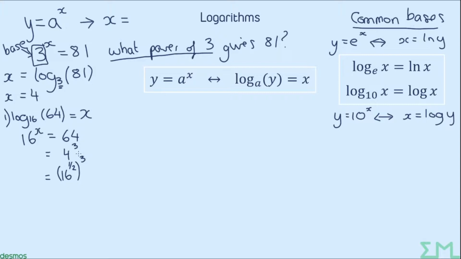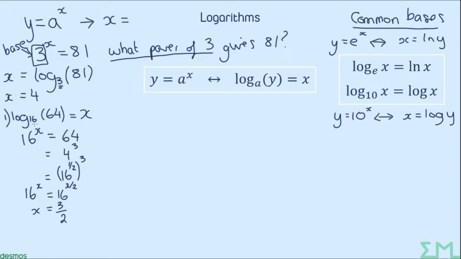And then we've got the power of 3 still left there. Combine those powers together. Remember, the power to a power rule is that we multiply. We get 16 to the power of 3 over 2. So comparing that back to the left hand side, we can see that x must be 3 over 2.